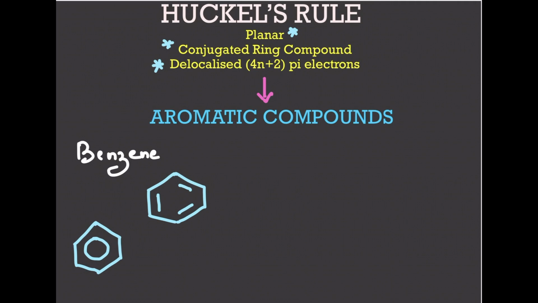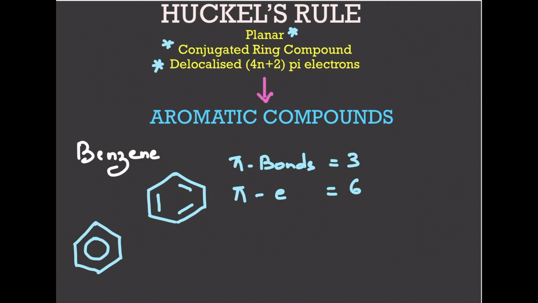Now, in benzene, how many pi bonds are there? The total number of pi bonds is 3. That means the total number of pi electrons is 6, because each bond is composed of 2 pi electrons, so we have 6 pi electrons in the benzene ring.